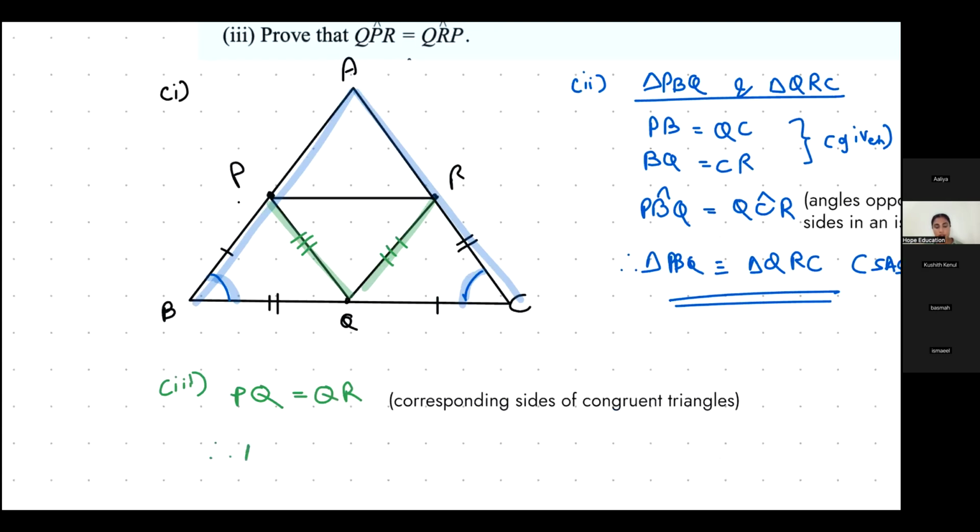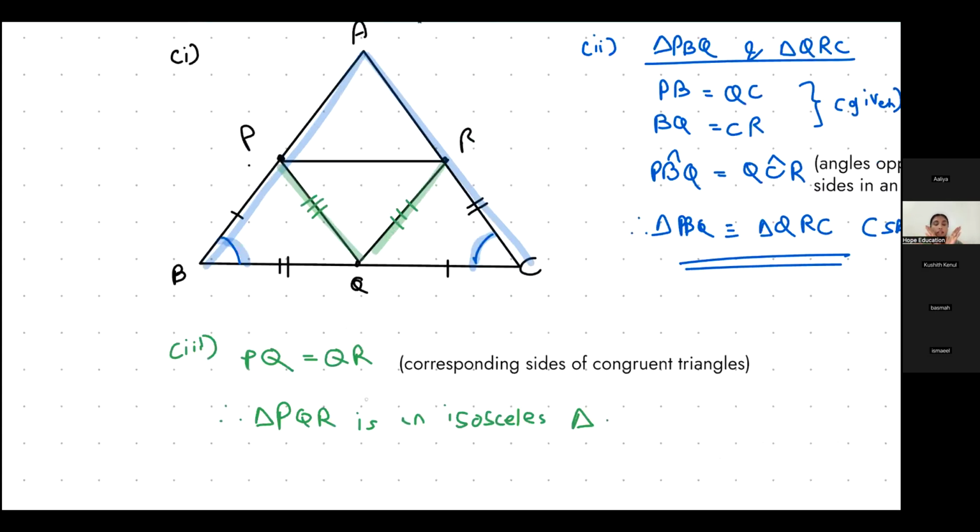Therefore, can you see that triangle PQR is an isosceles triangle? If two sides are equal, it's an isosceles triangle. Yes. And we know in an isosceles triangle, when two sides are equal, angles opposite to these sides also become equal. In an isosceles triangle, we know definitely two sides are equal.